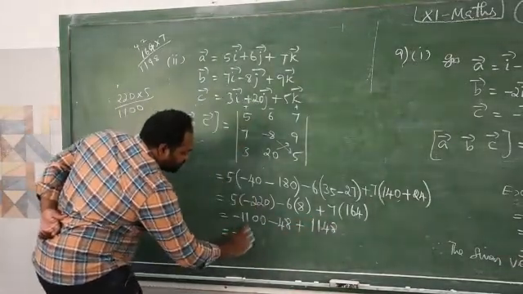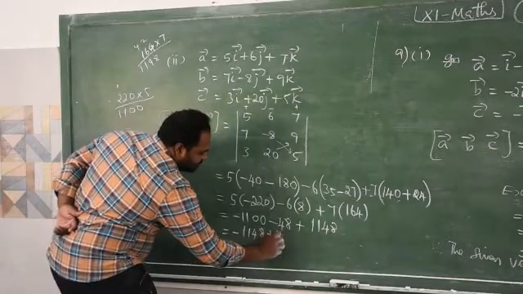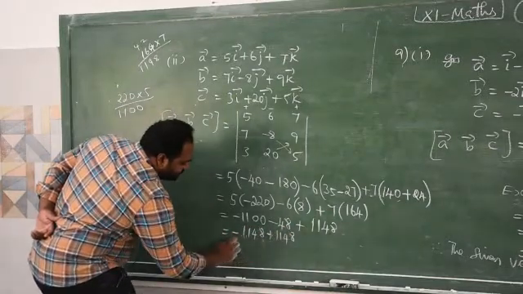So this is minus 1148, this is plus 1148, it will become 0.